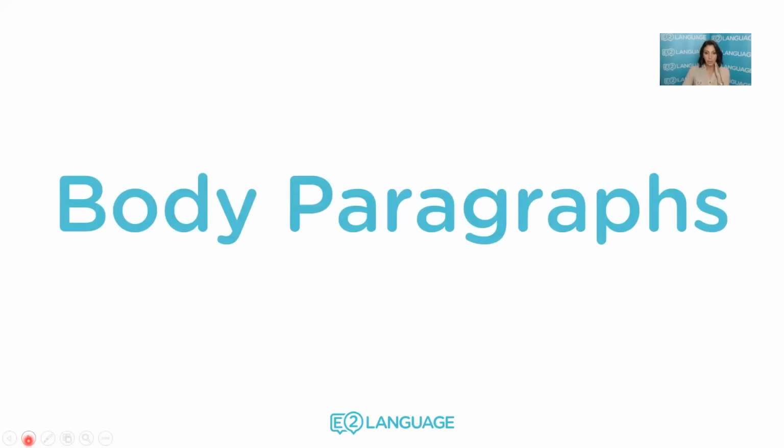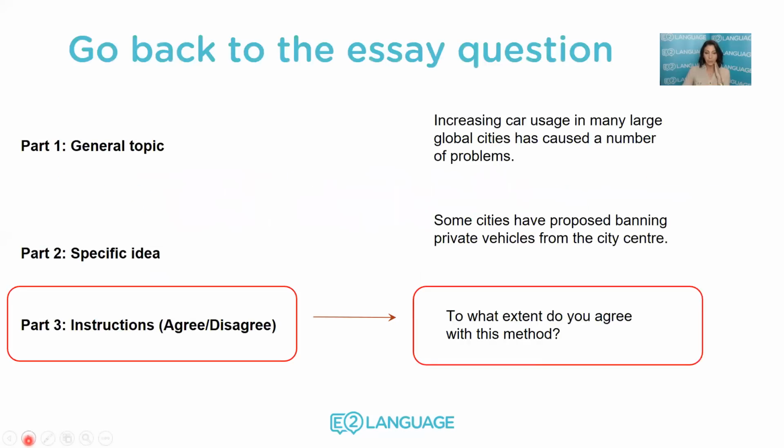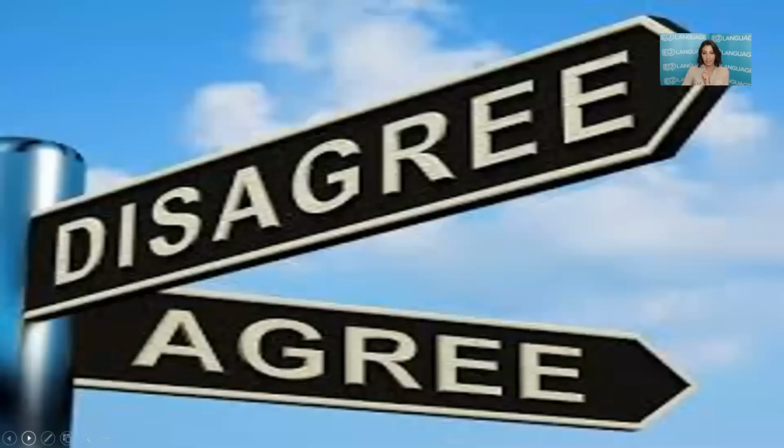Let's move on to body paragraphs now. When we want to write our body paragraphs, we should go back to the essay question. We always want to go back to make sure that we're answering it and our essay is on topic. So the question is, or the instructions are, to what extent do you agree with this method? This is where we need to make a decision.